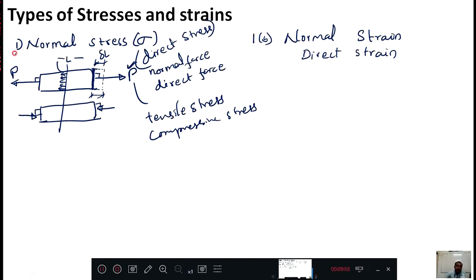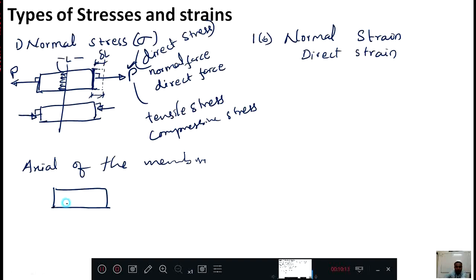Then after that, again by seeing where they are applied with respect to the axis of the member. See here, this is a body, and this is the axis of the body.